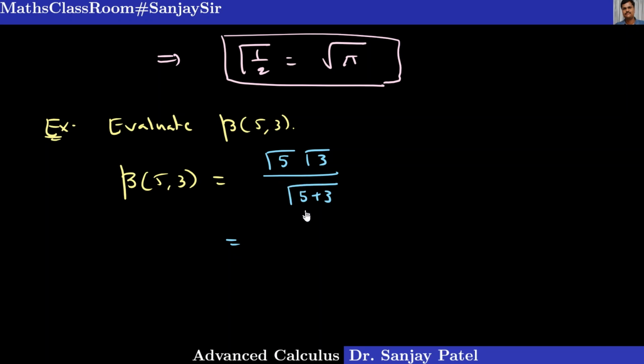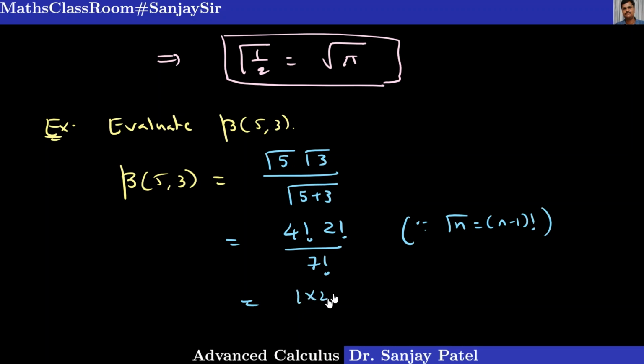Everything is an integer here, so I can write gamma 5 as 1 less than that, 4 factorial, and gamma 3 is 2 factorial, and gamma 8 is 7 factorial, because gamma n is (n minus 1) factorial. I'm using this result, and you can simplify.